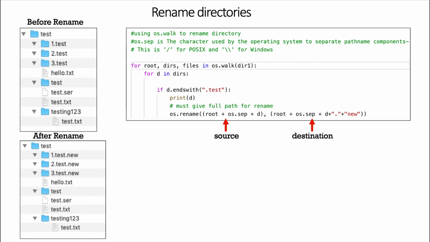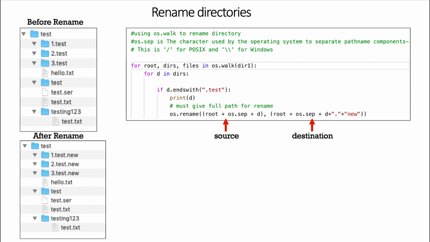For os.rename, the source is root + os.sep + d. That's what we have now. To make this work, we have to give it the full path. If we don't give it the full path, os.rename will not work. And os.sep, the separator, is the character used by an operating system to separate path name components. For Linux-based and Mac-based systems, it'll be the forward slash, and for Windows, it'll be the backslash.